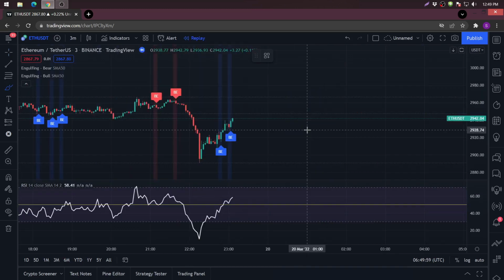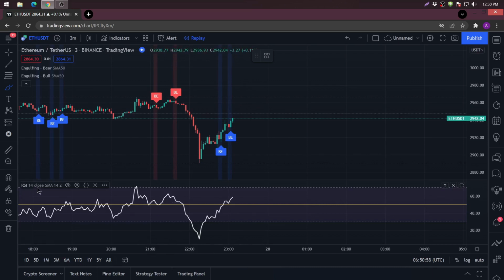So let's see how we can generate a buy signal with the engulfing and RSI indicators. In this chart you can see the red color and blue color symbols. Red color means bearish, that means the market has a chance of going downtrend, and the blue color is bullish, that means the market has a chance of an uptrend.